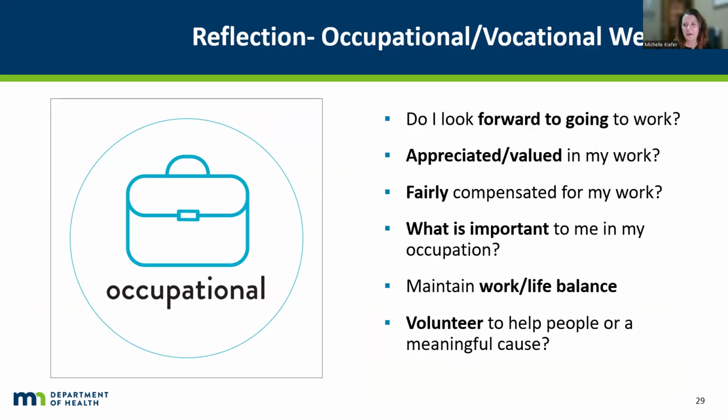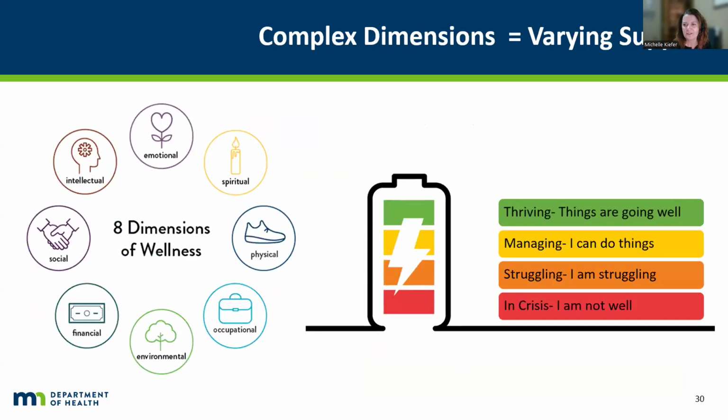All right, so thinking about all of the 8 dimensions of wellness and looking at our next slide and understanding the continuum of mental health, how are these a part of being mentally well with having mental health? And I think the best example is the 8 dimensions of wellness in each of those areas, and then moving over into the life of a battery.